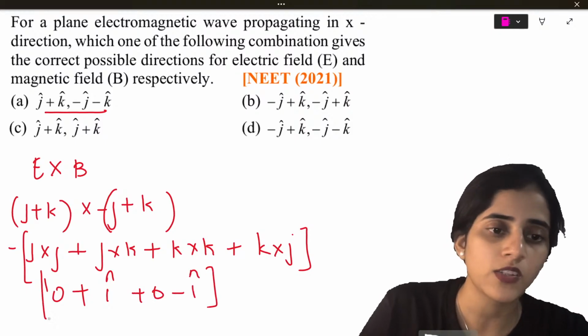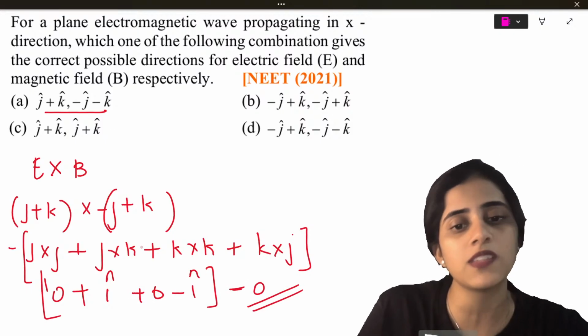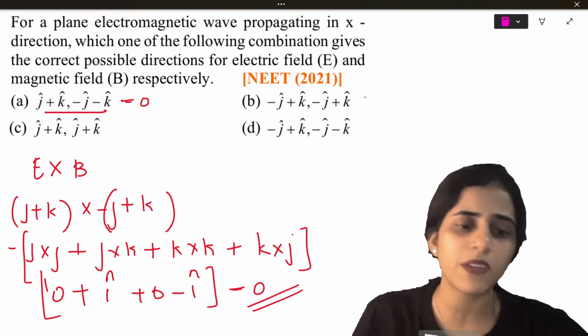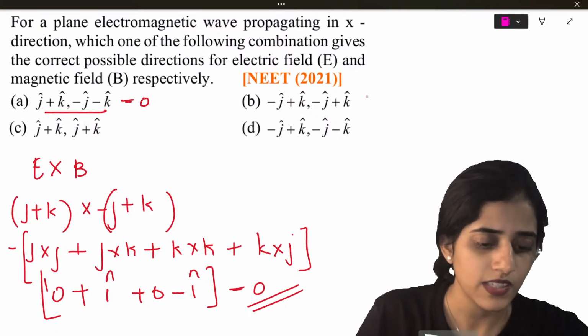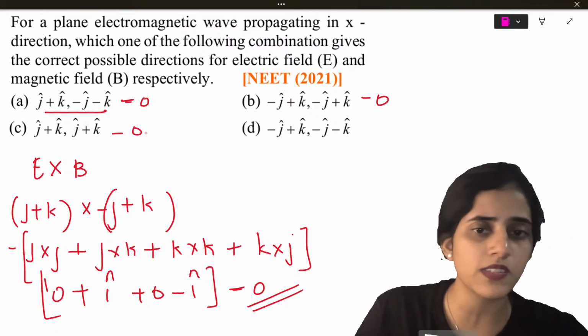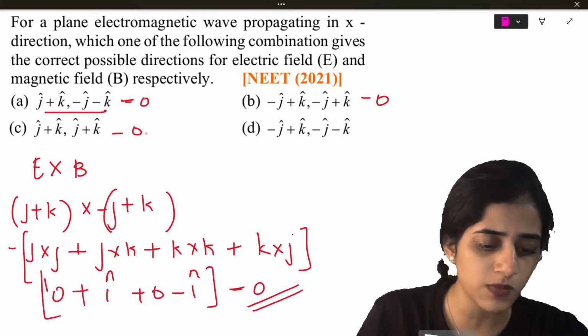So I cap minus I cap is going to be 0. Now the same thing will happen for B also if you do the math. See, it's going to be 0. C also will be 0. I think the answer is going to be option D.